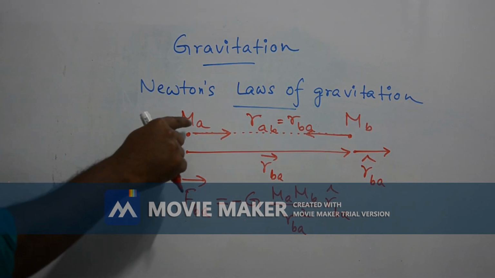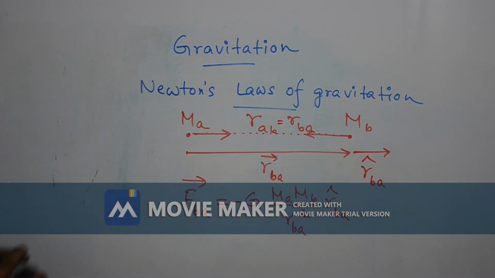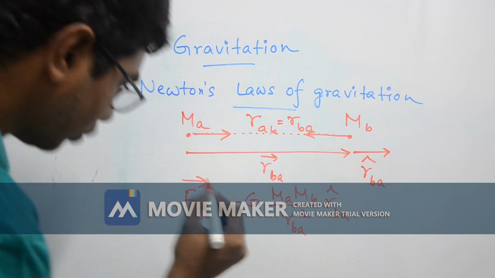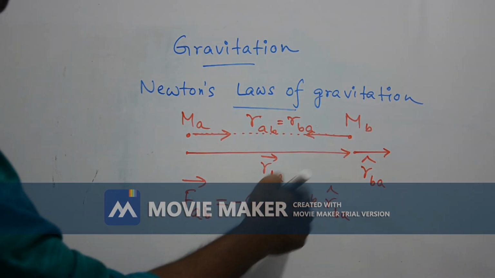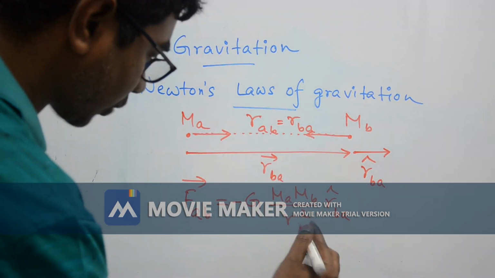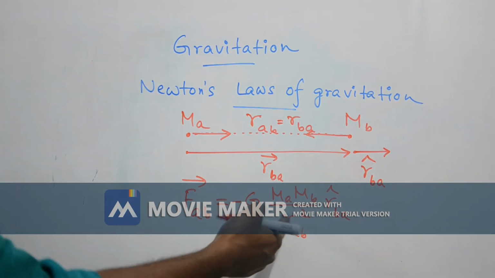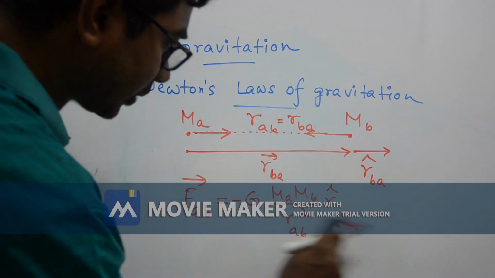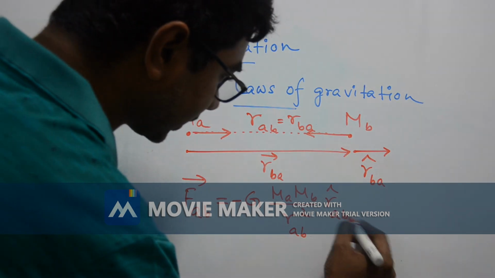And the same happens if we try to write the force acting on this particular particle. So FAB will again be minus G ma mb divided by RBA squared. This is basically the magnitude, so it doesn't matter whether we write RAB or RBA, and this becomes RAB hat.